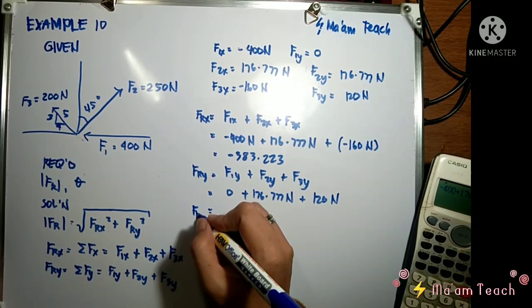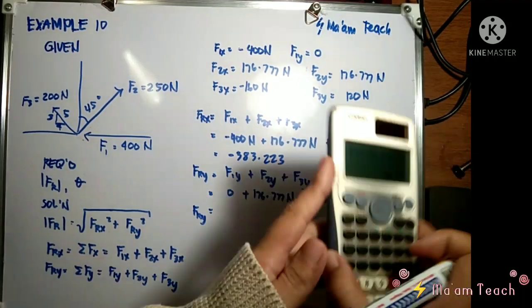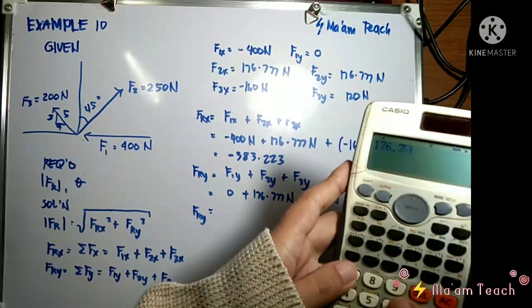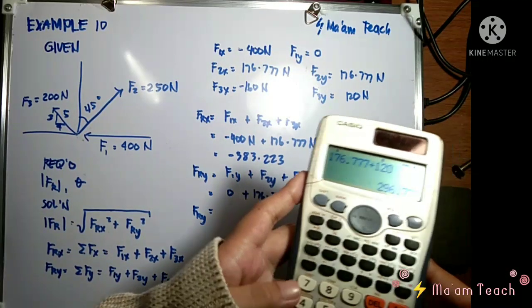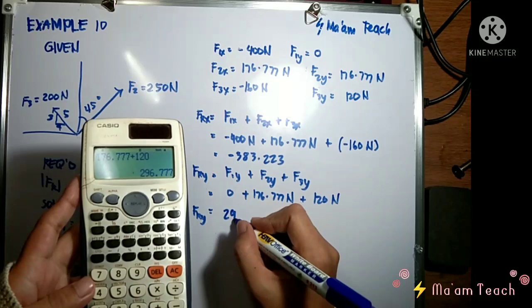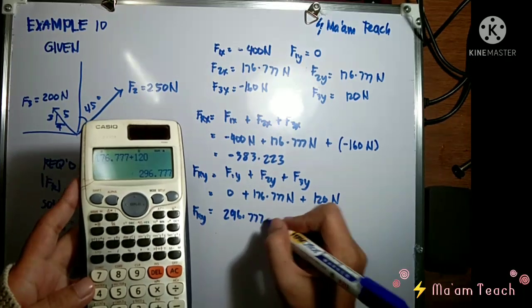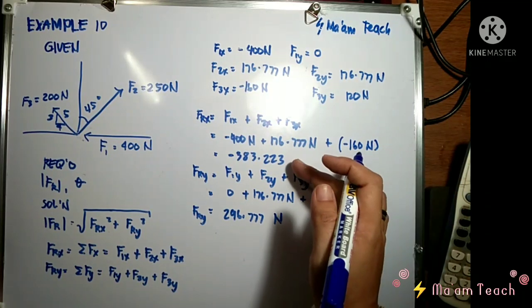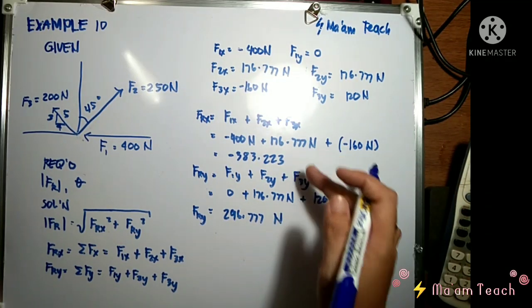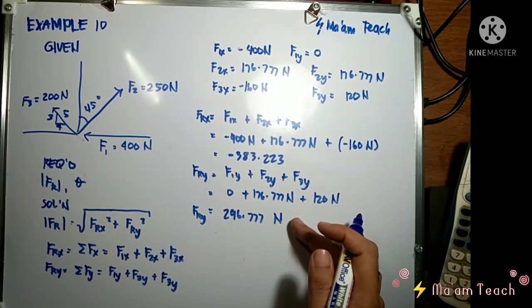So we have Fry is 177 plus 120. We have 296.77 Newton. Now take note, class, that your x component is negative, your y component is positive.